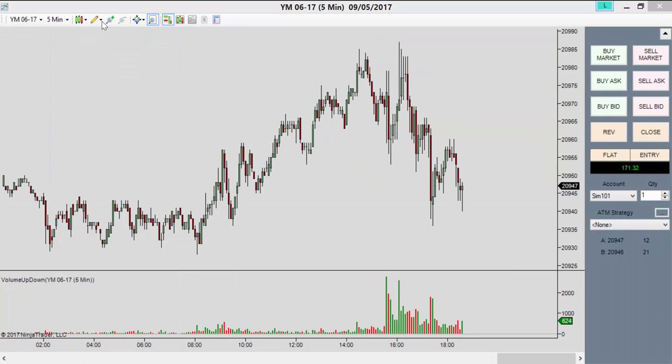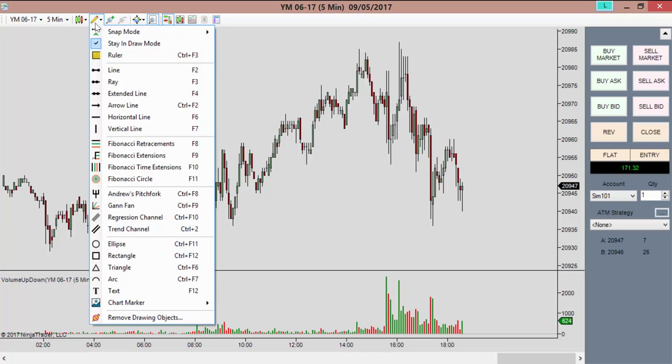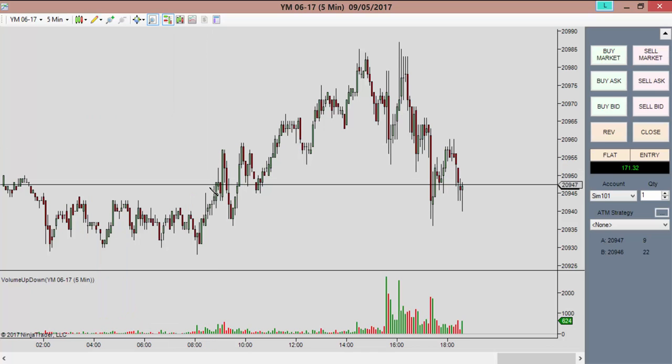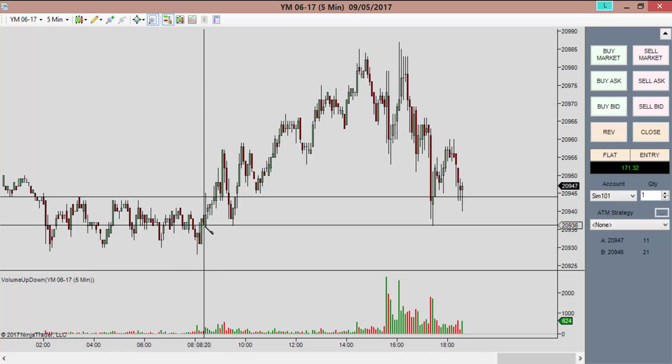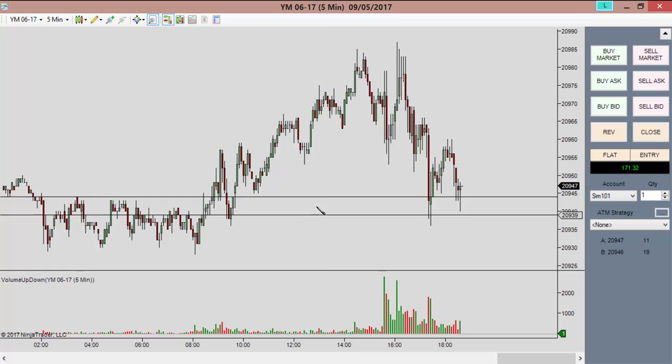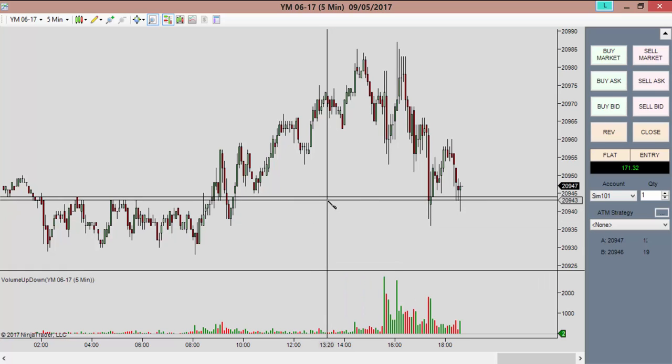So it's some 2.5 hours later, and as you can see, the 44 target was hit, and that has become pretty much support to within 8 ticks of wiggle.